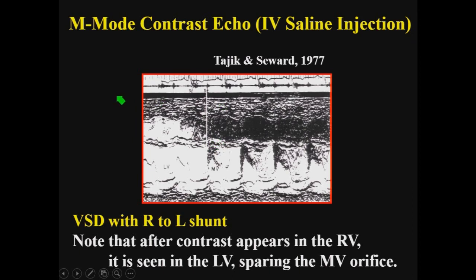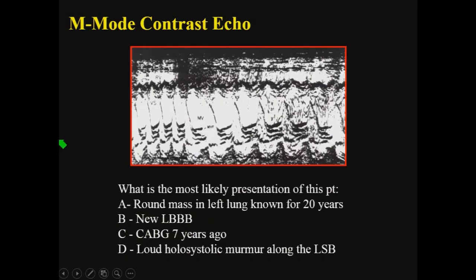And now the question was about what happens if I have an extracardiac right to left shunt, for example a pulmonary arteriovenous fistula. What happens here is very interesting. First of all, I have the contrast appearing in the right side. And then look, 1, 2, 3, 4 beats.